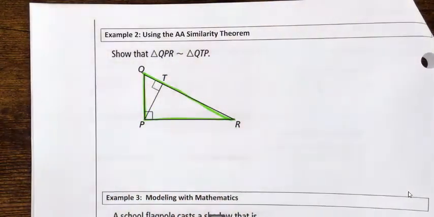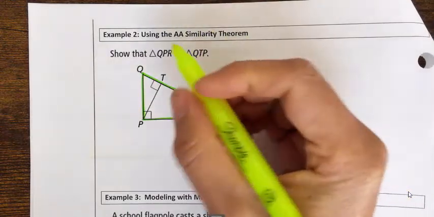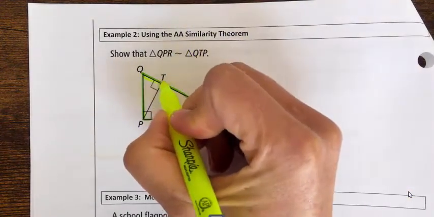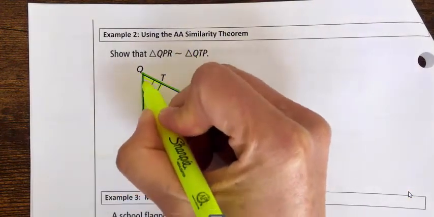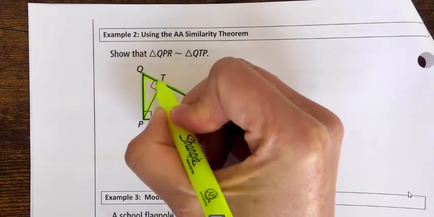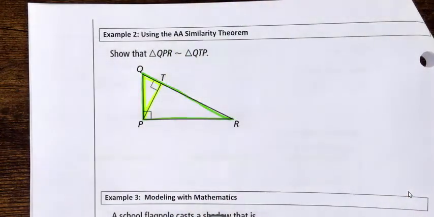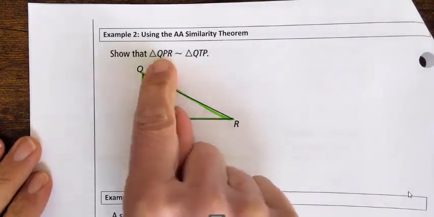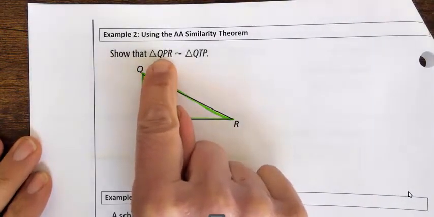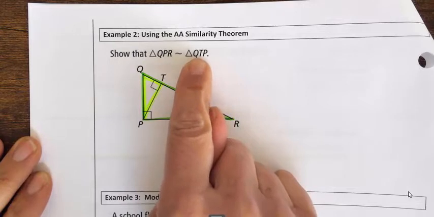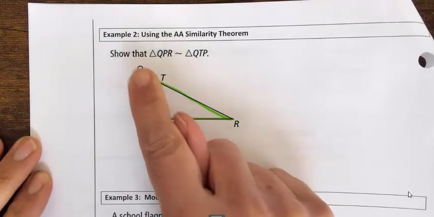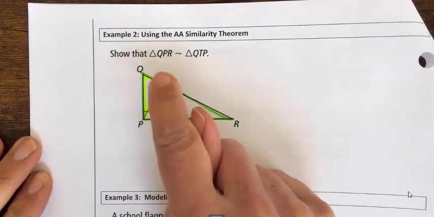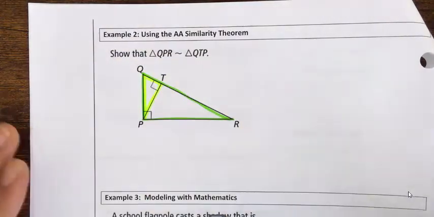I struggle with these a little bit, so I like to really make sure I get my corresponding angles in the right positions. And QTP is this smaller triangle. So I'll highlight that one with yellow. Okay, QPR. Well, P is the angle that corresponds to angle T. So right now, this QTP triangle is in a strange position for me.